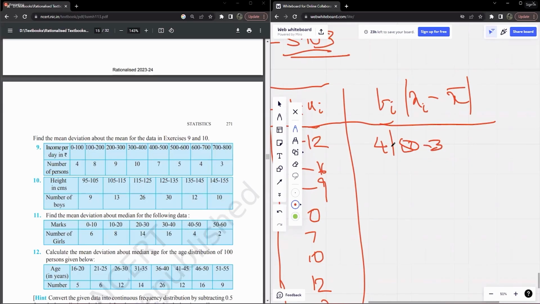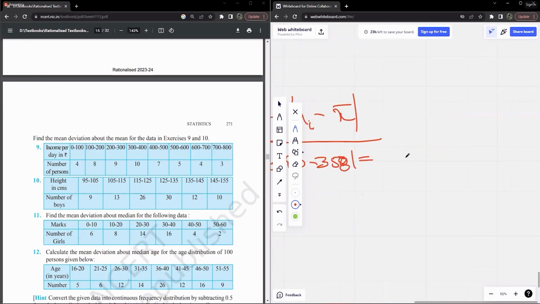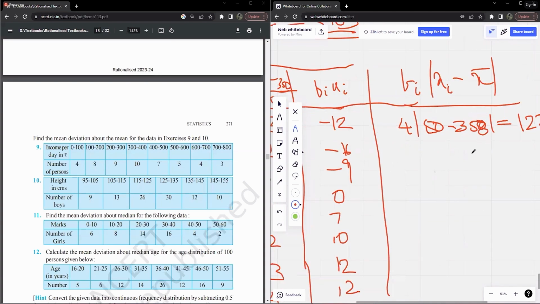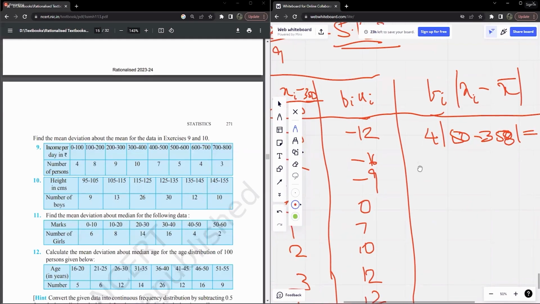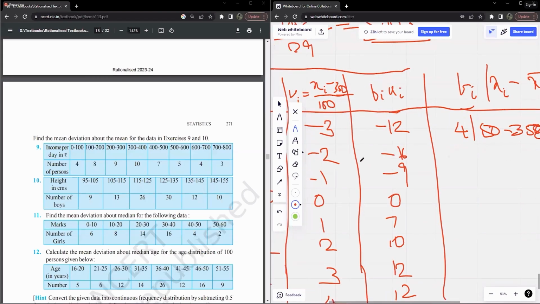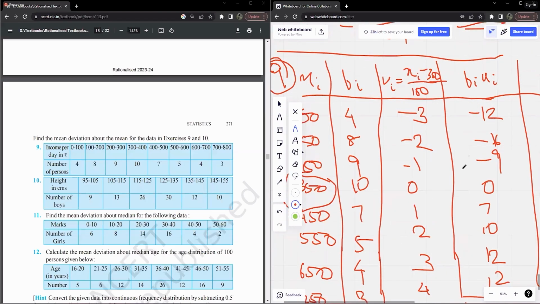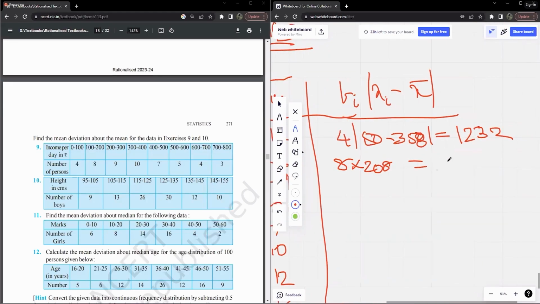That is going to be 4 times 308, which is 1232. Similarly, over here, this is going to be 8 into 150 minus 358, which is going to be 8 times 208. This is going to be 8 into 208, which is equal to 1600 and 64. So we have 1664.